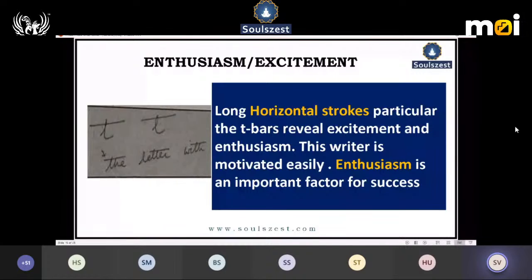Next slide. Now low self-esteem. So as we have already mentioned in letter T, this person जिसका low self-esteem बहुत होगा, because T bar नीचे है, so low self-esteem होगा.